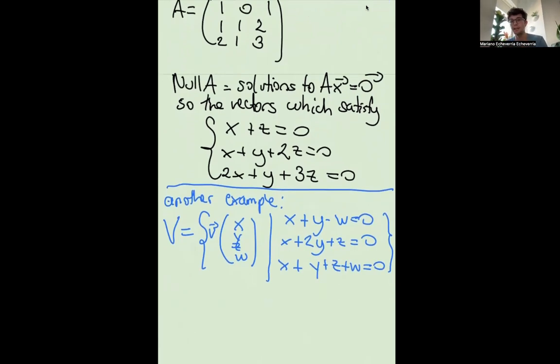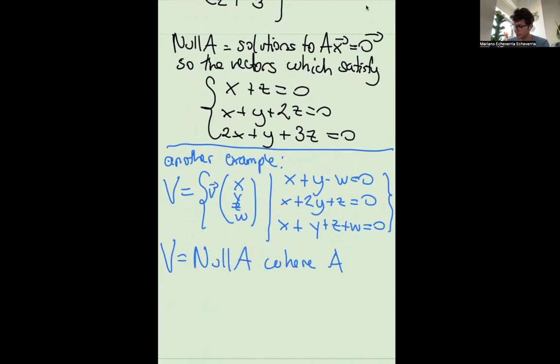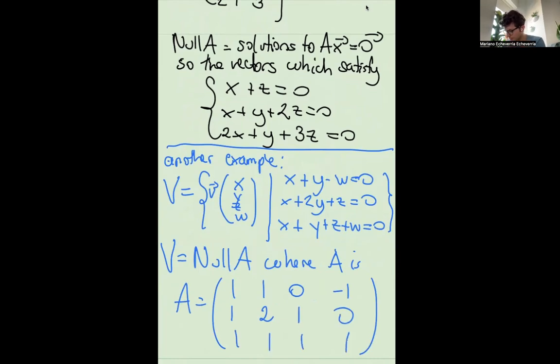Then what is a matrix? Secretly, there's a matrix here, right? Because this is a homogeneous system in the sense that every equation is being set equal to 0. So B is actually the null space of a matrix, where A in this case is 1, 1, 0, -1, 1, 2, 1, 0, and 1, 1, 1, 1. Is that making sense?